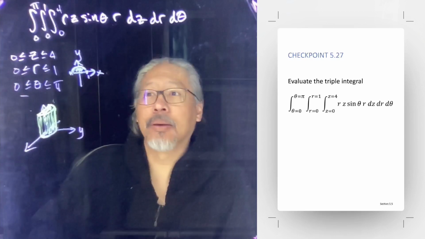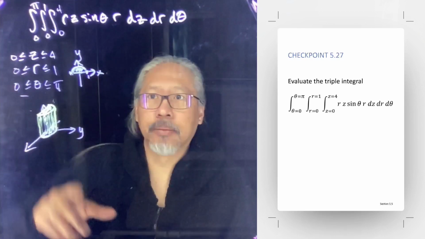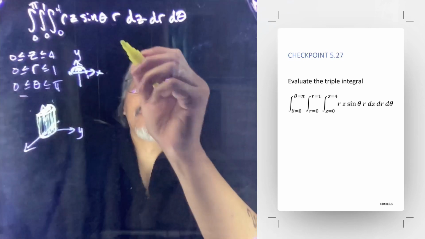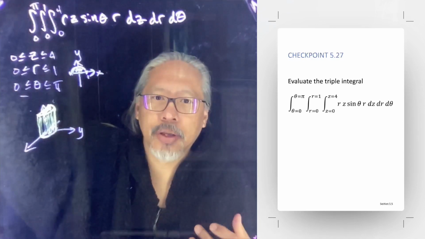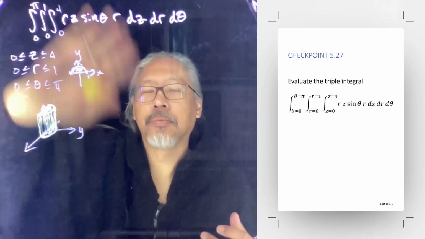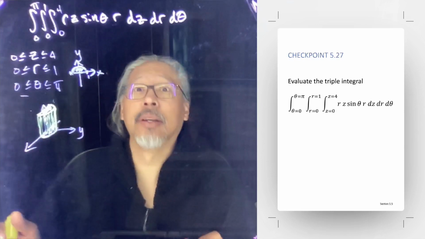All right, now that we know a little bit about that, we can just do the integral. In terms of doing this integral, I would like to take advantage of Fubini's theorem, where you can place it in any order you want.